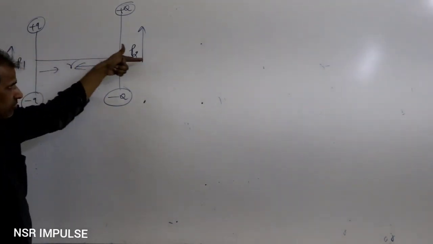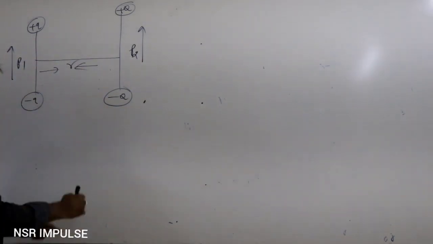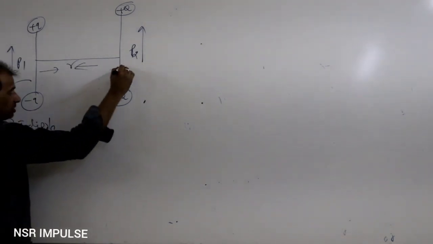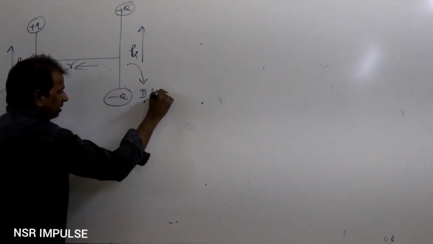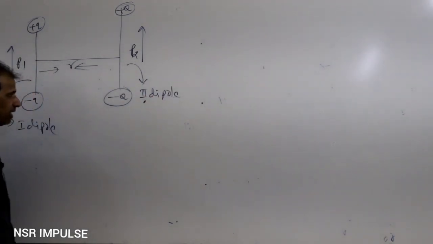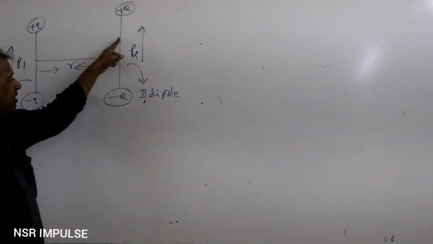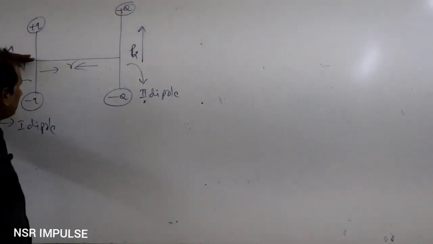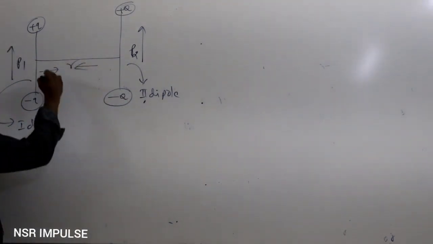On this equatorial line of the first dipole, this is the first dipole and this is the second dipole. So the second dipole is placed on the equatorial line of the first dipole.